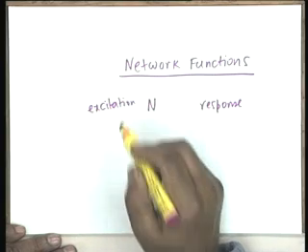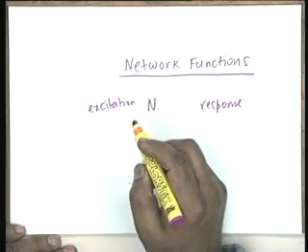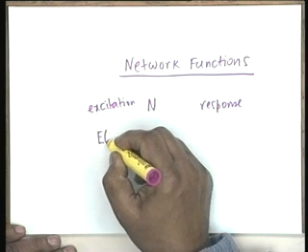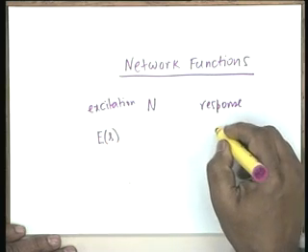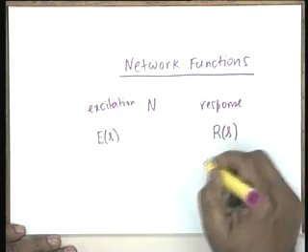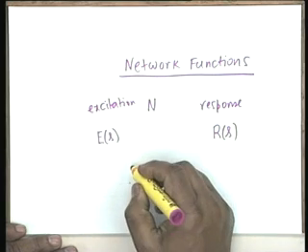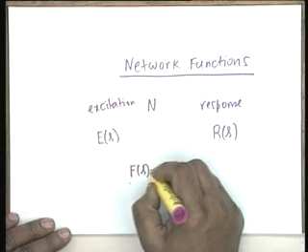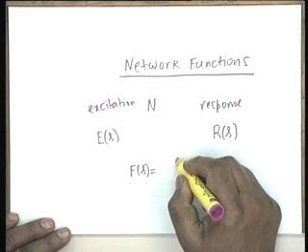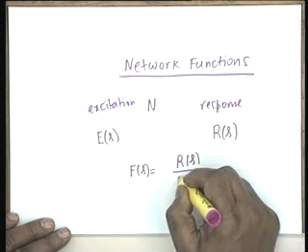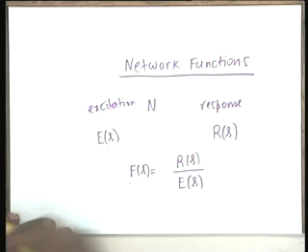If I call the excitation small e of t and its transform small e of s, and the response is capital R of s, the transform of the response, then you know the network function F of s is the ratio of the response transform to the excitation transform.